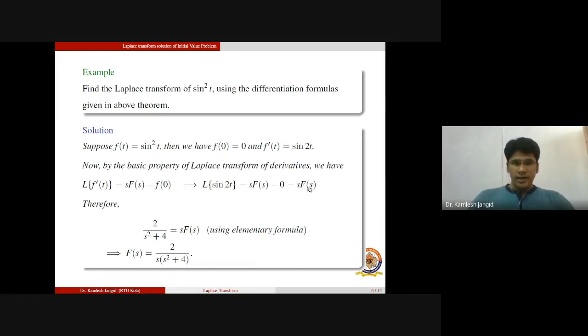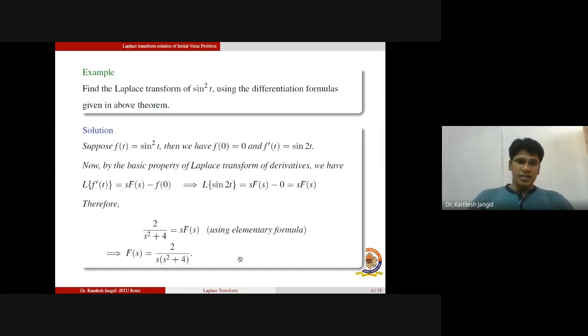So from here, the Laplace transform of sin 2t equals 2 upon s squared plus 4, which can be evaluated using the previous lecture. So this equals s times F(s).